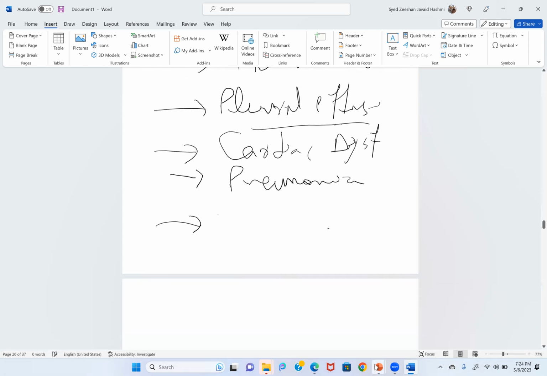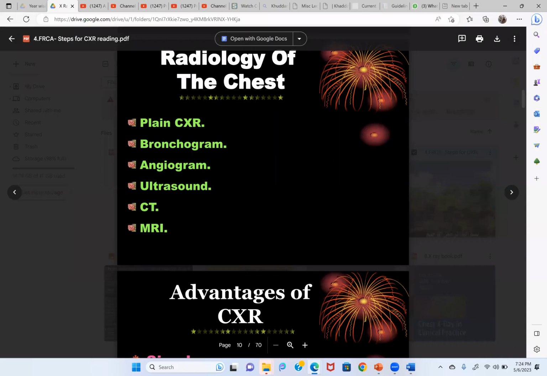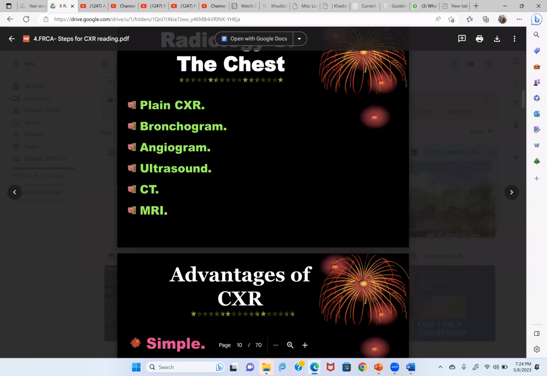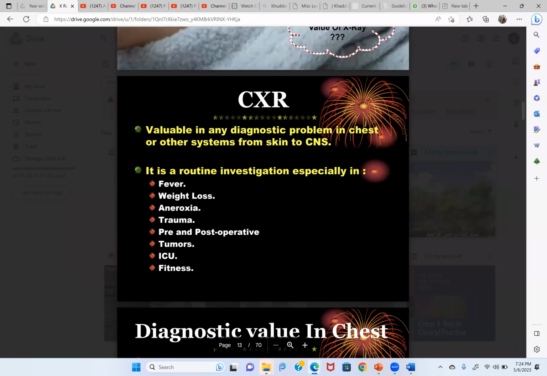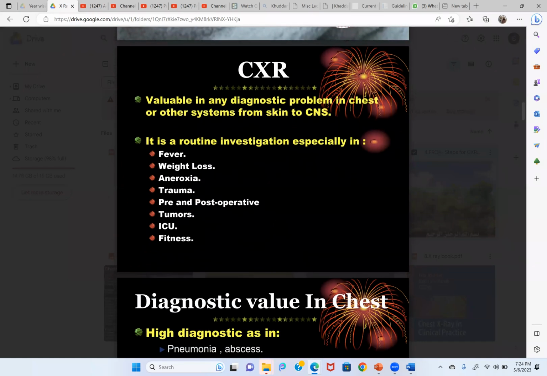In addition, as I told you, you have to correlate some other findings. If there is tuberculosis, there will be fever, weight loss, or cough with sputum.